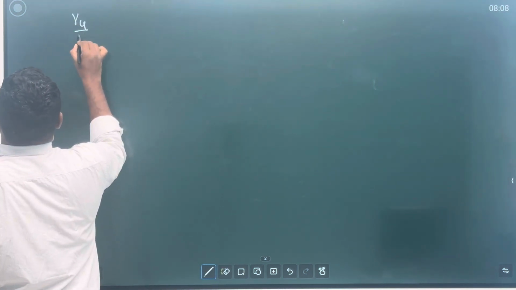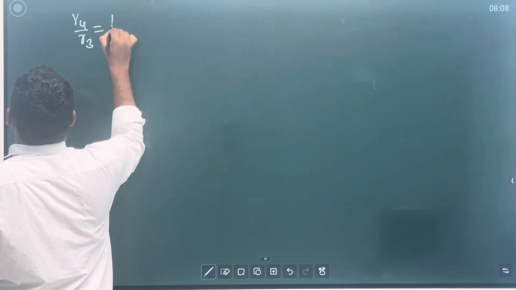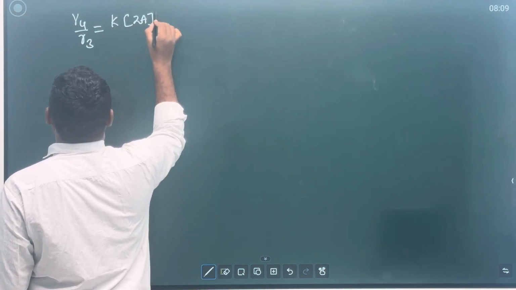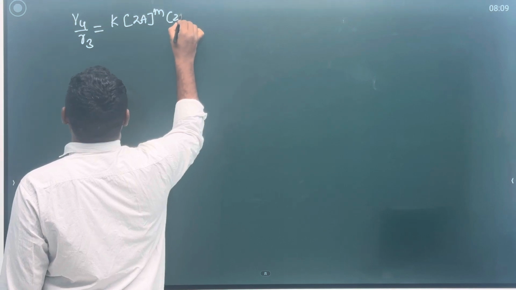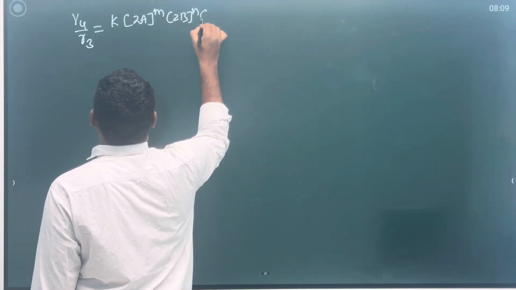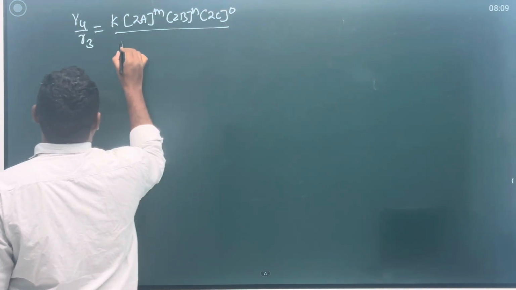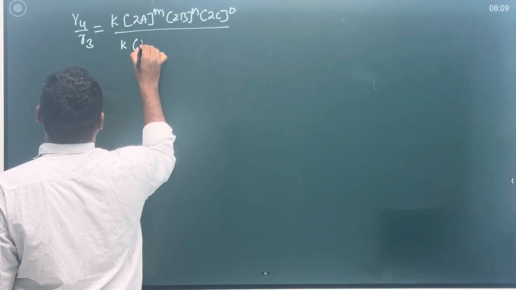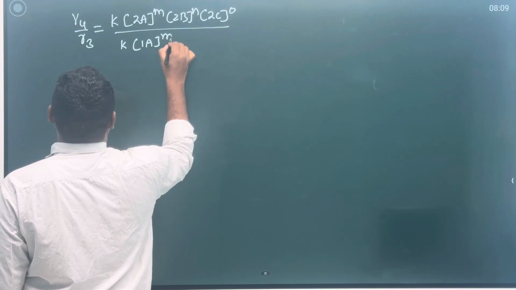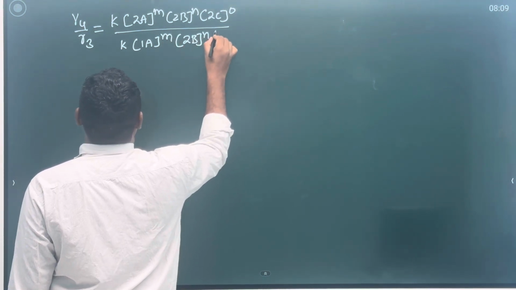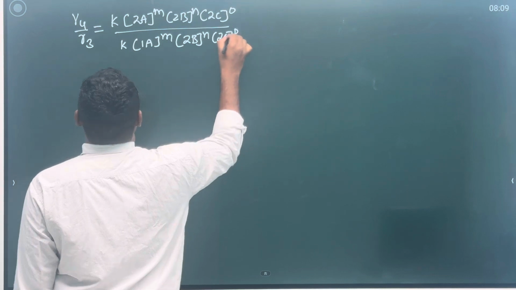R4 by R3 is equal to k into 2a power m, 2b power n, 2c power o by k into 1a power m, 2b power n, 2c power o.